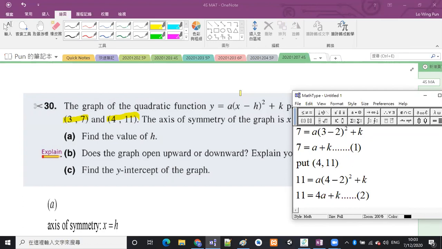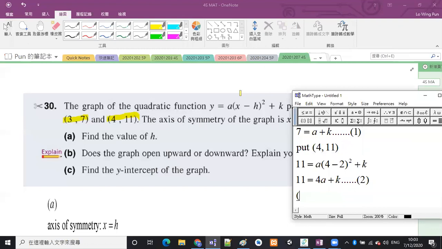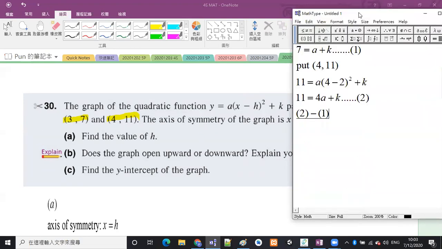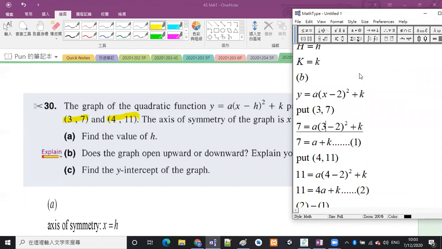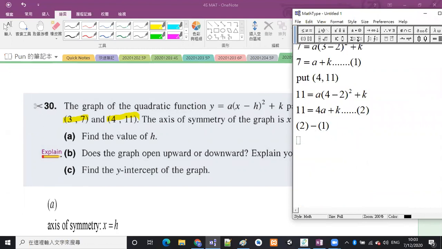And then from equation 1 and equation 2, we see that the k value will be exactly the same, plus 1k and plus 1k. So I'm going to use equation 2 minus equation 1. And then the left-hand side becomes 11 minus 7, so that is 4. And then on the right-hand side, the A column will be 4a minus a, that is 3a.